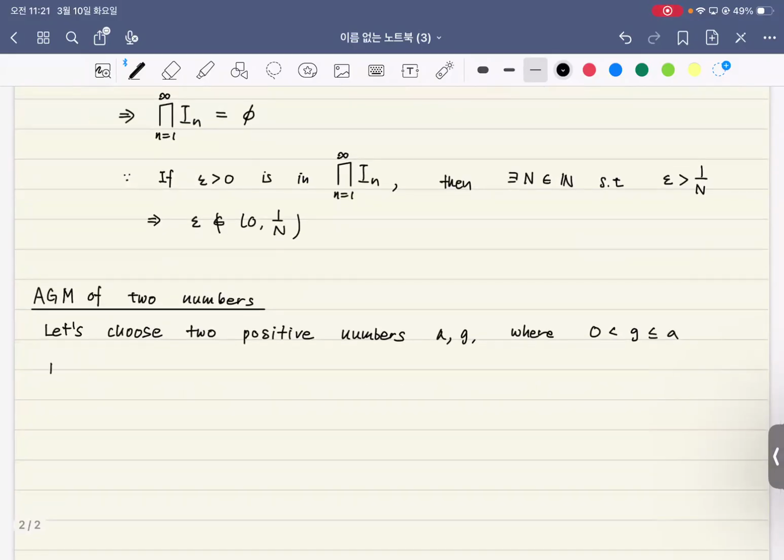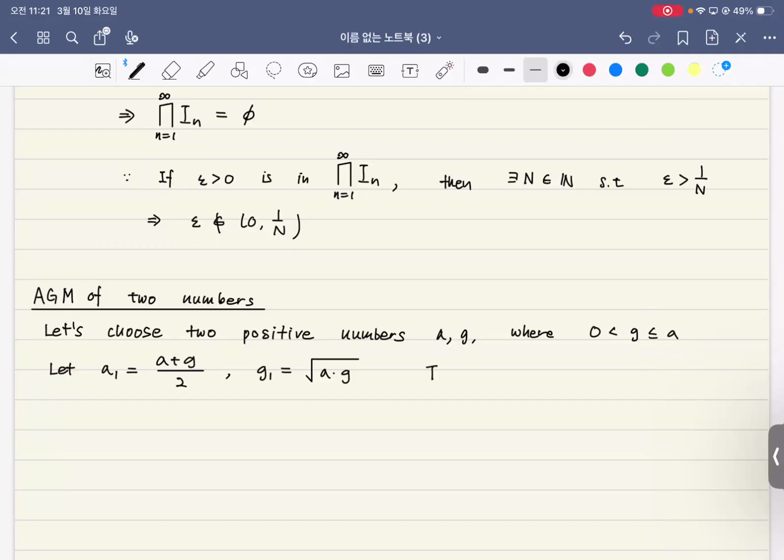From these two numbers, I want to build two sequences. G1 is the square root of A times G. So A1 is nothing but the arithmetic mean of these numbers, and G1 is the geometric mean of these two numbers.